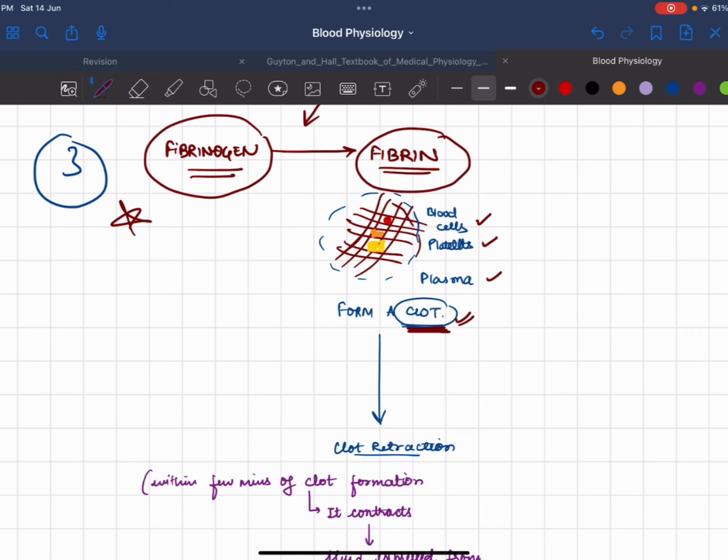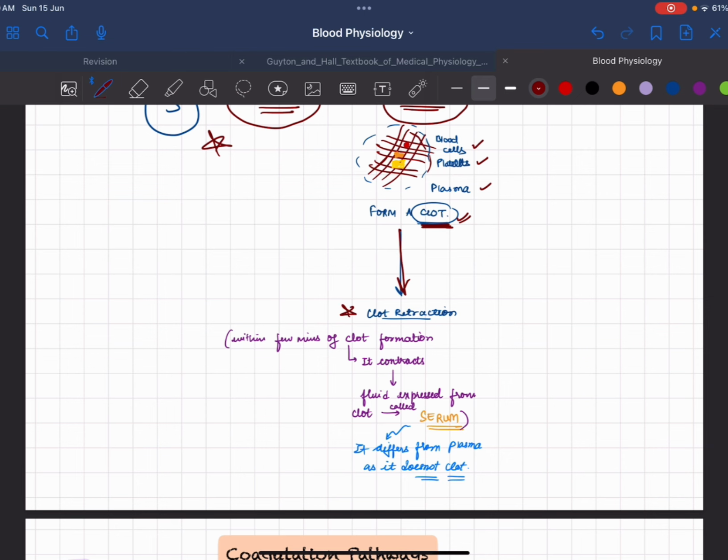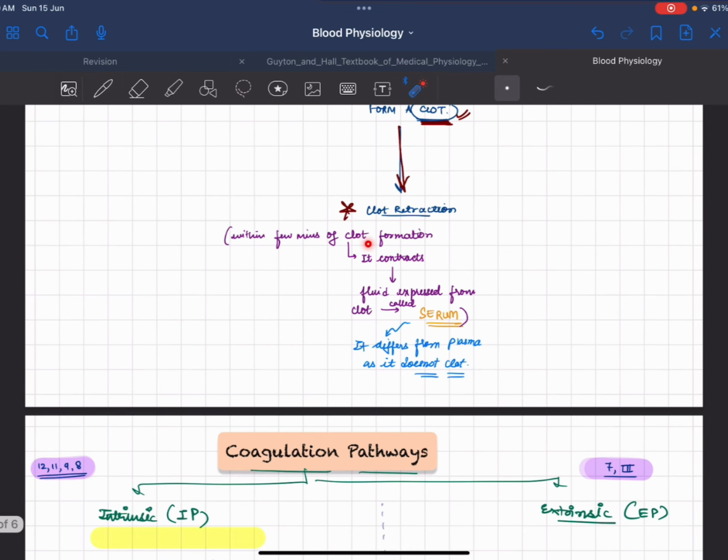As we can see in this diagram, these all together form the clot. Okay, after the formation of the clot, what happens is clot retraction. What is clot retraction? Within a few minutes of clot formation, the clot contracts. Contracts means the fluid is expressed from the clot, which is called serum.